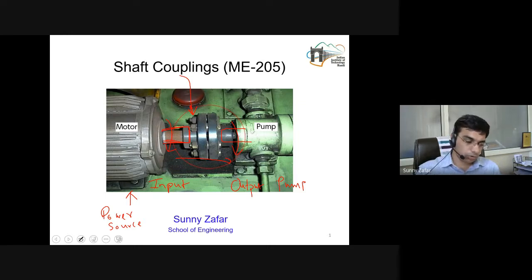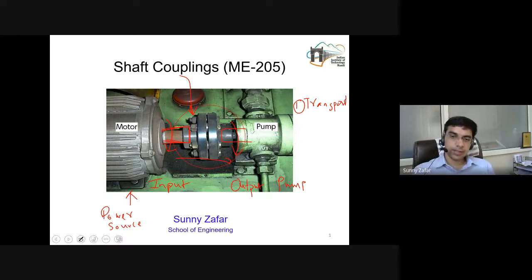Now this coupling is not only important from the power transmission perspective, but at times it becomes very important to have jointed shafts instead of one shaft. The main reason is the transportation perspective. It is very difficult to transport very long shafts.